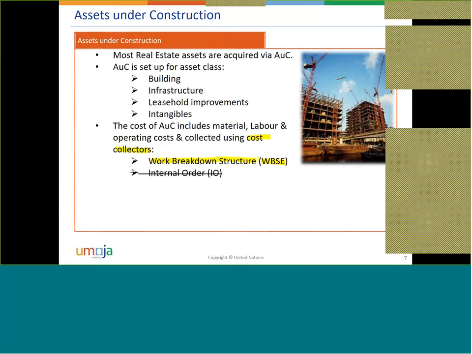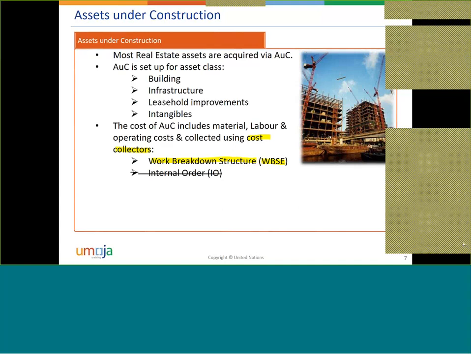It does not mean that the ones that already started cannot be completed. If they were already started with internal orders, you just continue with the normal process until you complete them, following the same approach. But if you budgeted for a new asset under construction, for an infrastructure, building, whatever, it's now a requirement from budget to use Project Systems, and this is why this workshop will focus pretty much on work breakdown structures and projects.